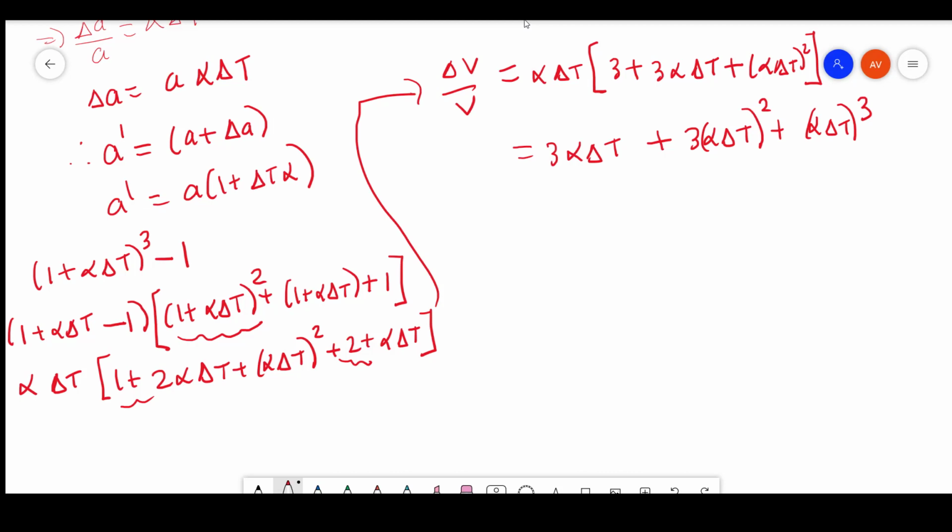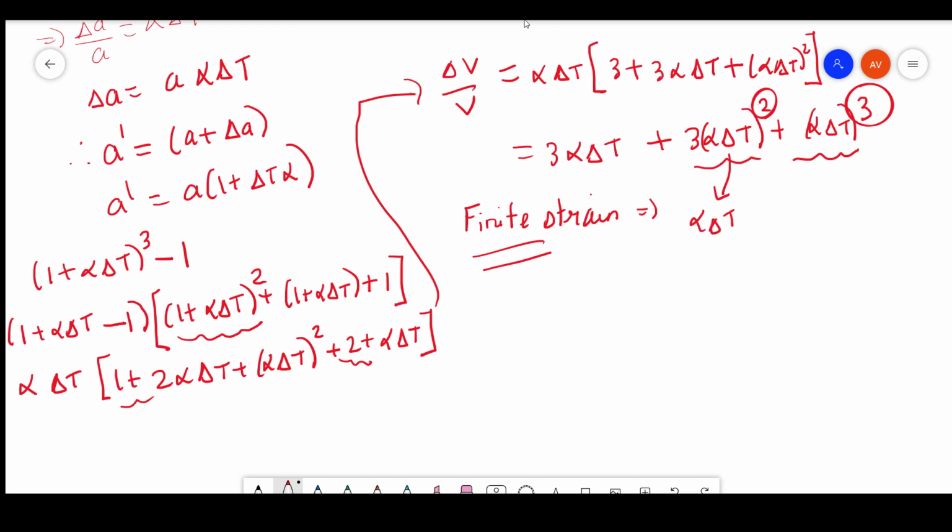Now this formula that we derived is for very small strain, that is, the increment in the strain is very small. That means the terms with square and cube are negligible, because alpha delta T is actually the strain.